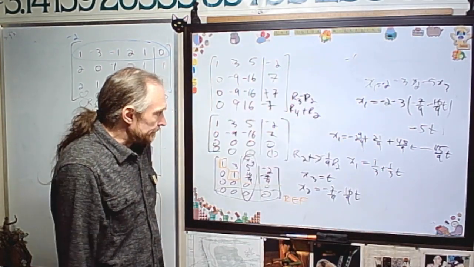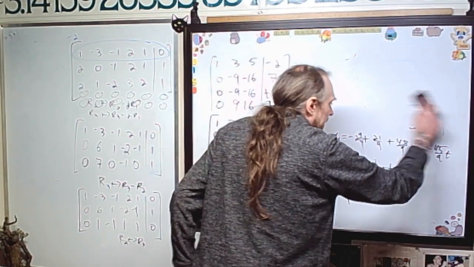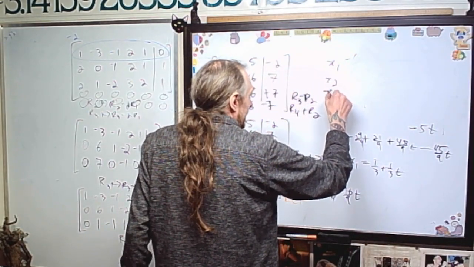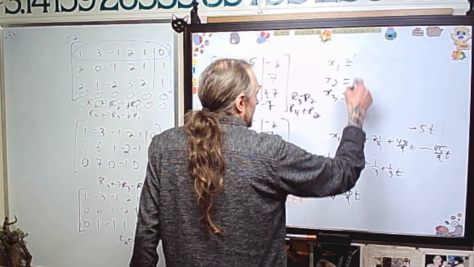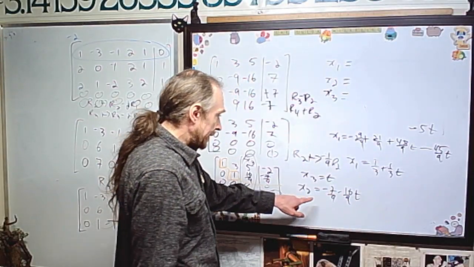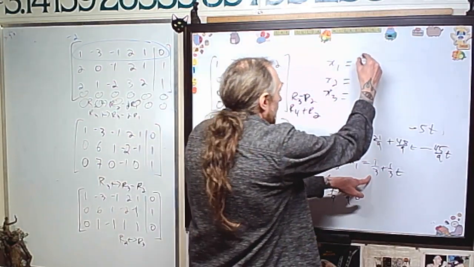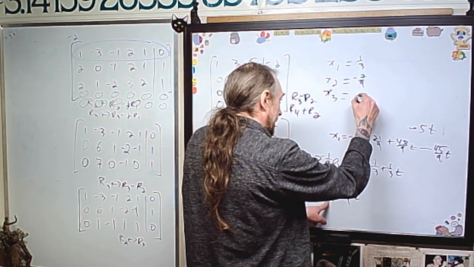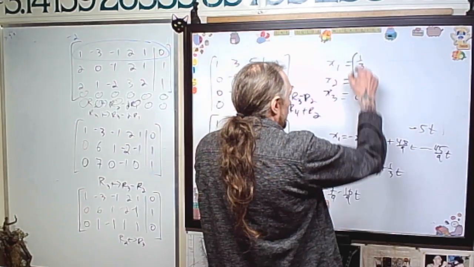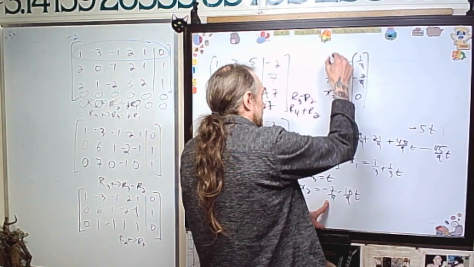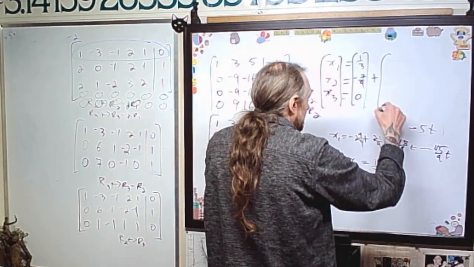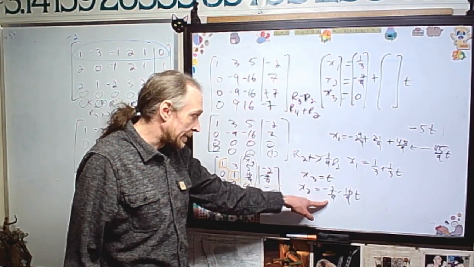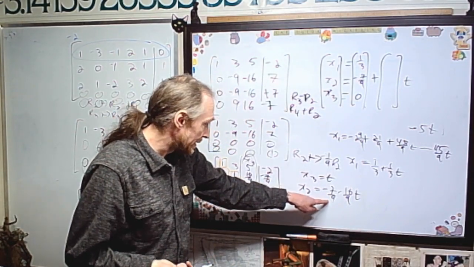That wasn't so bad. So what's the solution? The solution is x1, x2, x3 equals, what do I have now? I have 1/3, I have negative 7 over 9, I have 0 as a vector, plus something times t, which is the parametric equations of a line in 3-space, which we're going to get to in our class fairly soon.